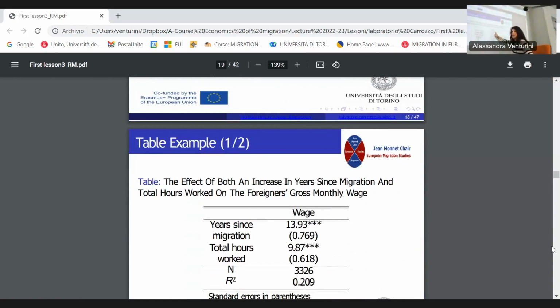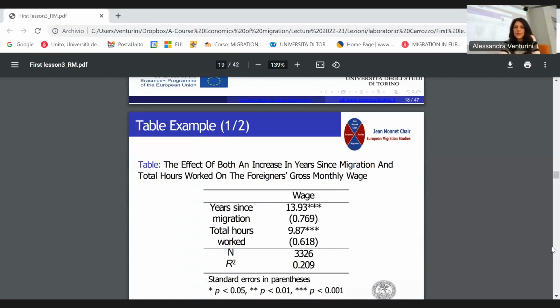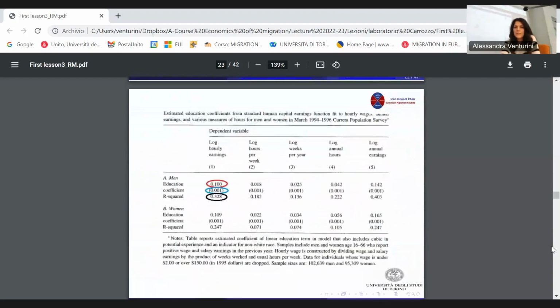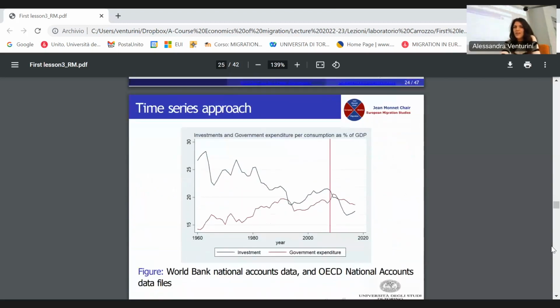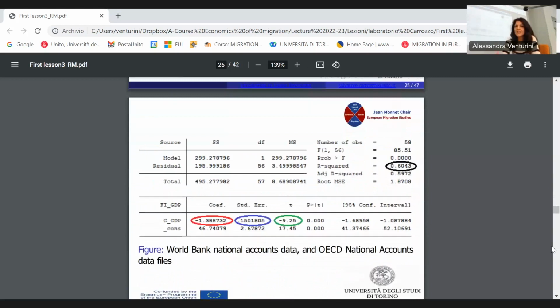The stars that you see here are the probability that our hypothesis is good, practically. 0, 0, 0 is three stars, fantastic. And then we have the R square, so we know that it is fantastic.